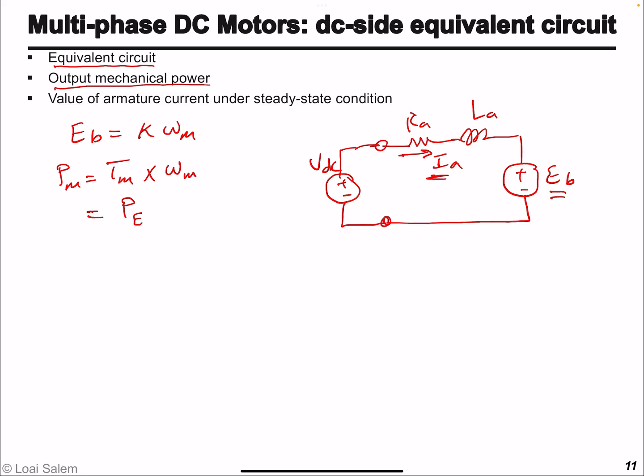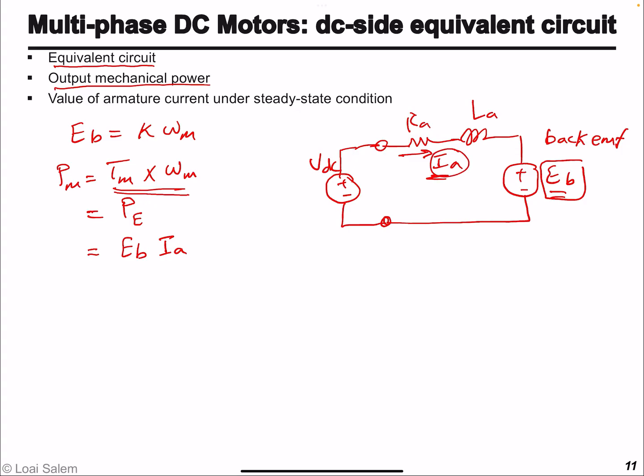And we'll see that the amount of mechanical power produced by the motor is actually equal to EB times IA. EB is the back EMF or back electromotive force times the applied current IA.